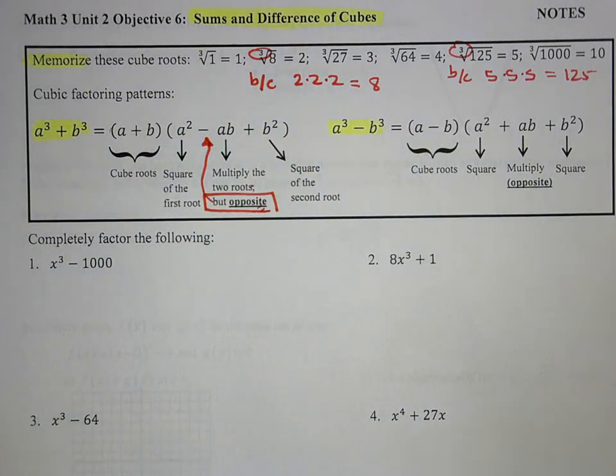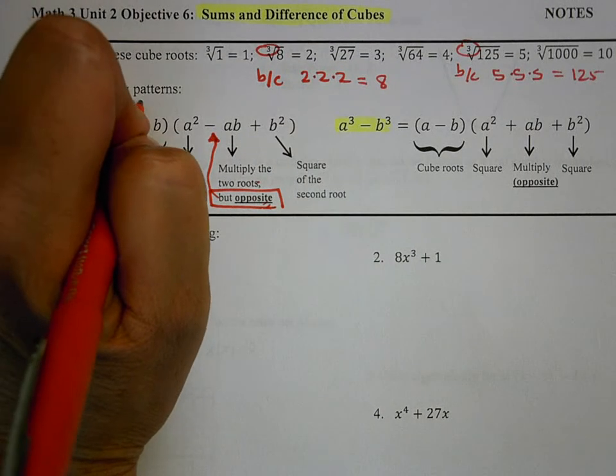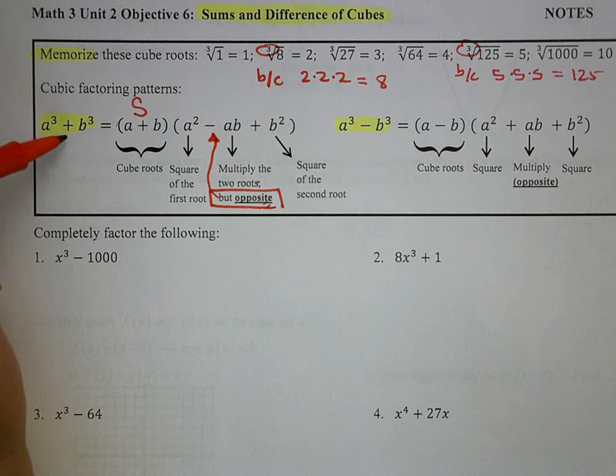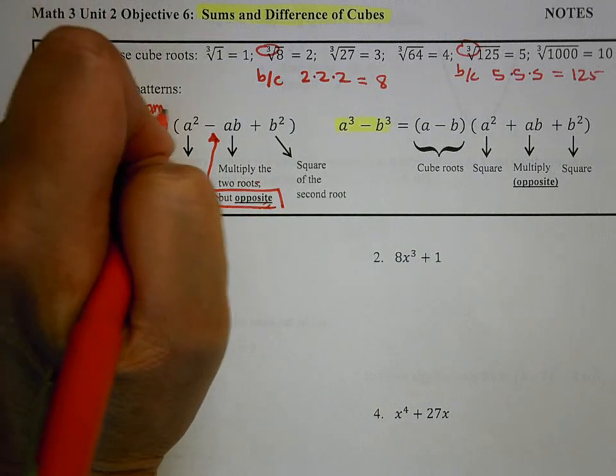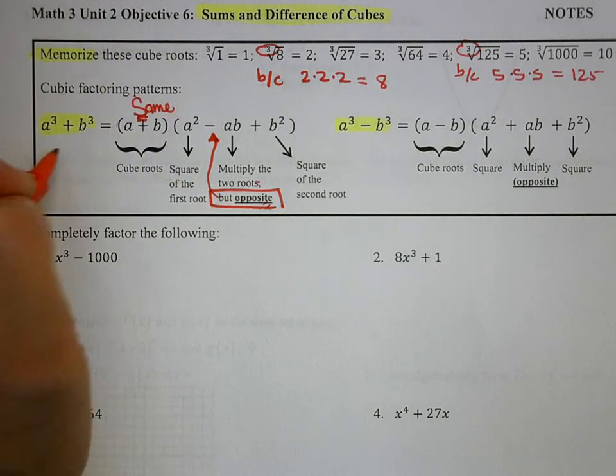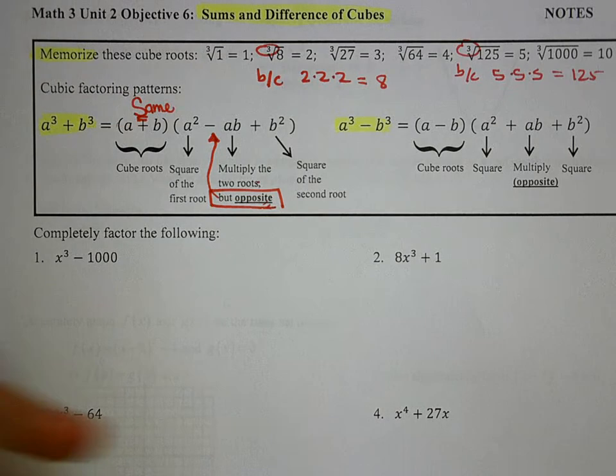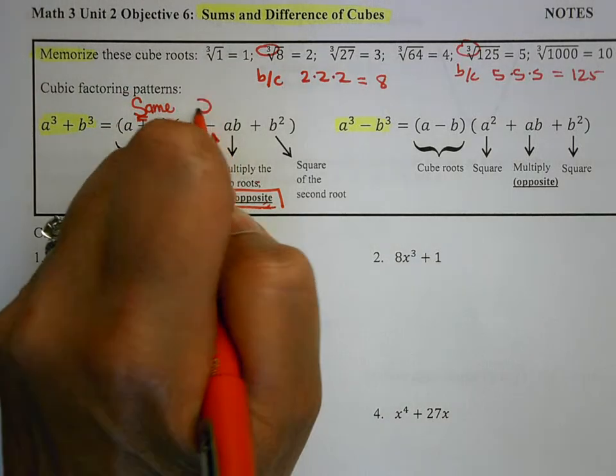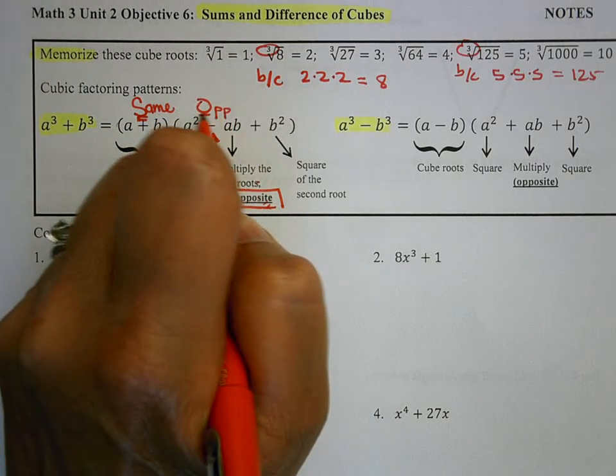Some people use a way to check the signs, because sometimes we forget how to do the signs. We do it by what they'll call SOAP. We know that this sign right here should be the same as the original, so S, same. So if this is a plus, that's a plus. And then this one should be opposite, so O-P-P, opposite.